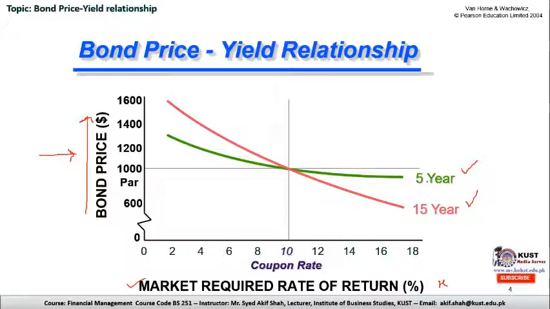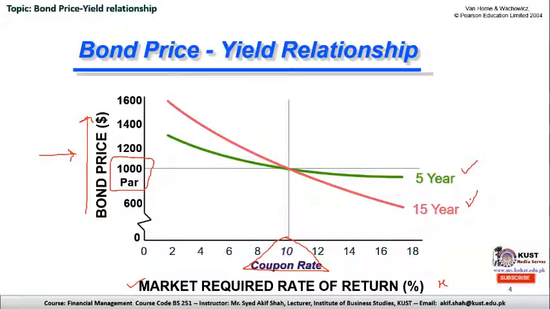The green line is depicting a bond and its relationship with the market required rate of return, bearing all factors into consideration, and its coupon rate is 10%. So the bond which has 5 years of maturity has a 10% stated coupon interest rate, and its par value is $1,000.